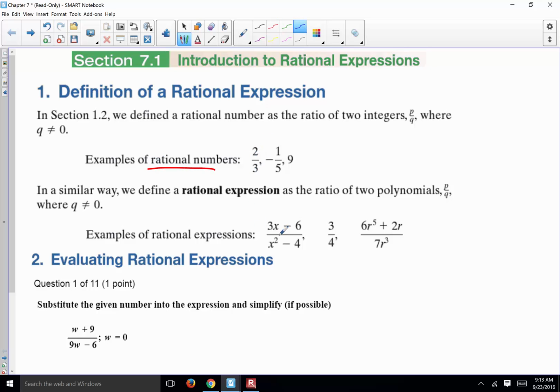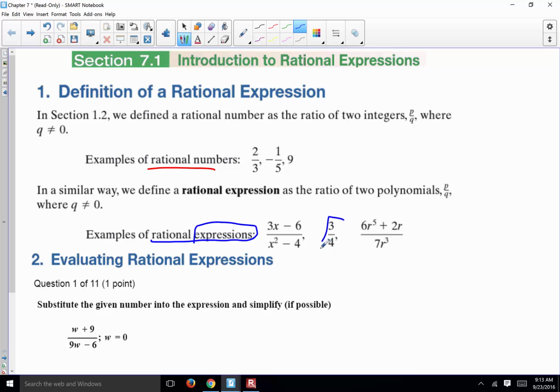However, if either side, top or bottom, involves letters like X, Q, R, S, sometimes all together, with several powers, exponents around each letter, then we call these rational expressions. The word expression shows up if you have letters and numbers together.